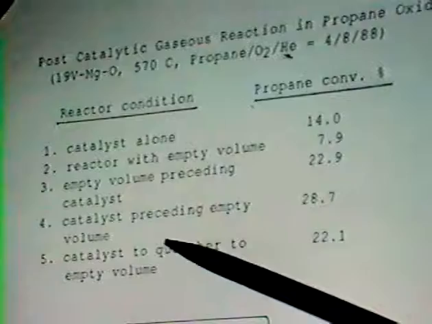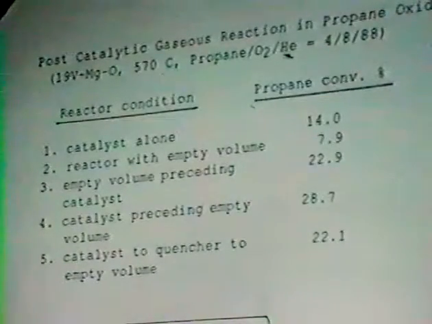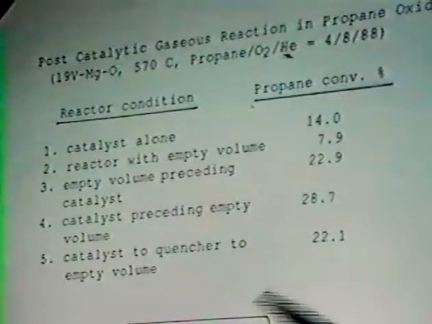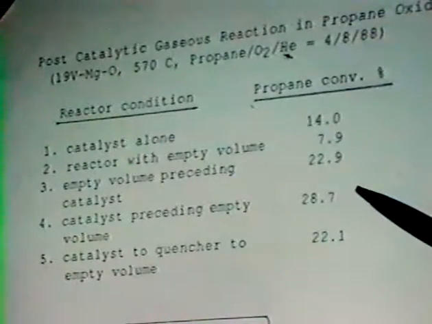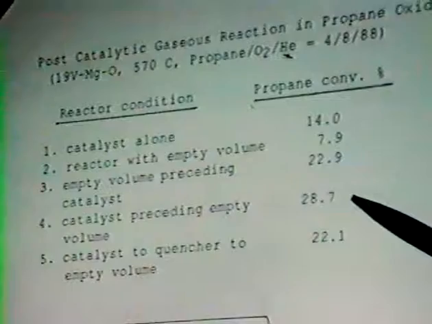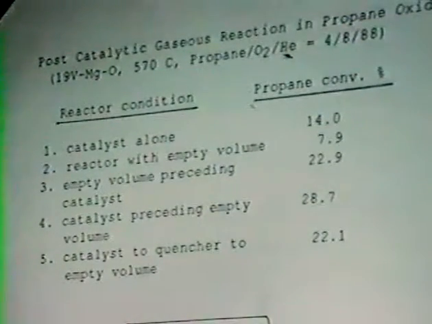If we have the feed coming from the catalyst side, we find that the overall conversion now is increased to about 28-29%. Finally, if we put a quencher, the quartz wool, right behind the catalyst and run the reaction, the conversion now has dropped back to about 22 to 23%.